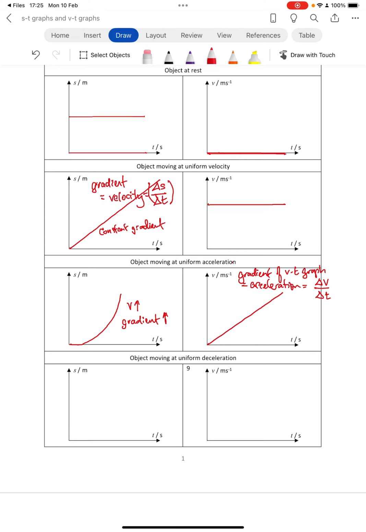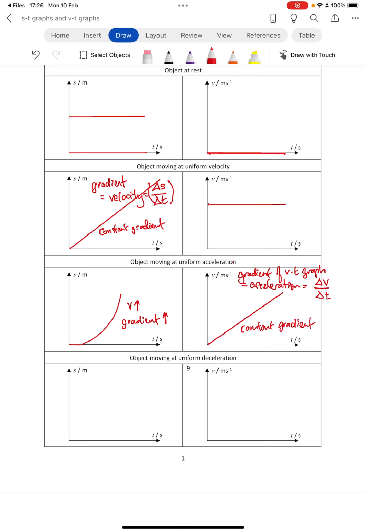So effectively, when we say change of v over change of t, we are saying that that's the gradient. So when the acceleration is uniform, that means that the gradient of this velocity time graph is uniform. So constant gradient.